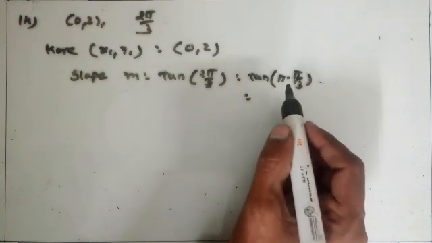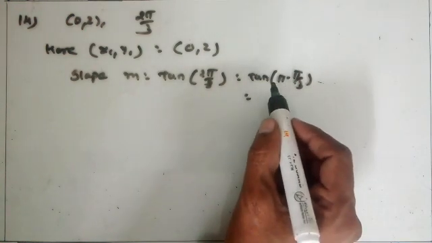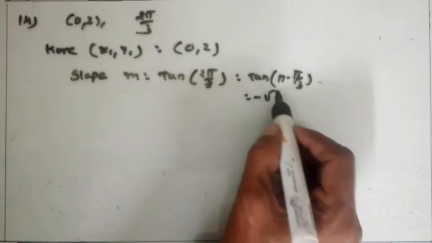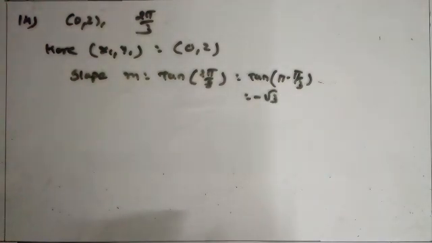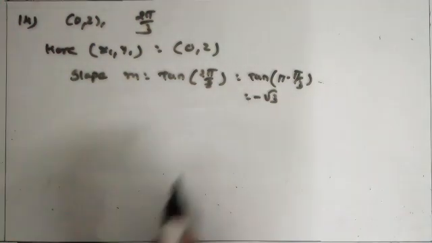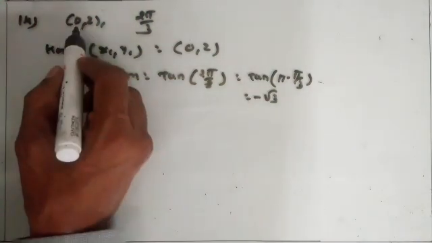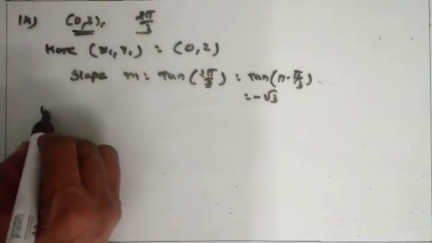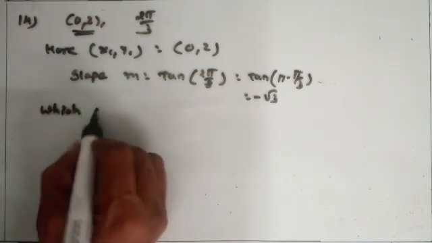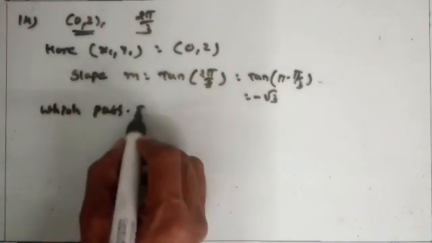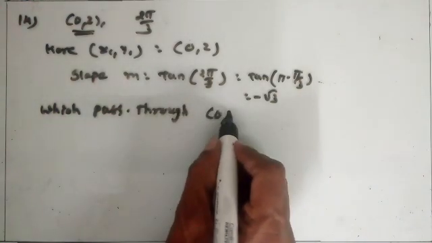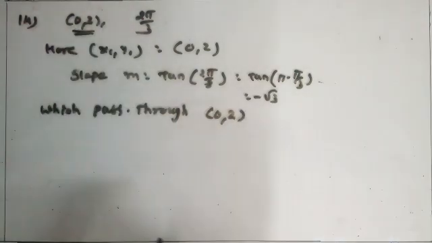Tan of pi minus pi by 3 becomes minus tan pi by 3, and tan pi by 3, that is sin pi by 3 upon cos pi by 3, we know is root 3, and apply the minus sign. The line passes through (0, 2) given.